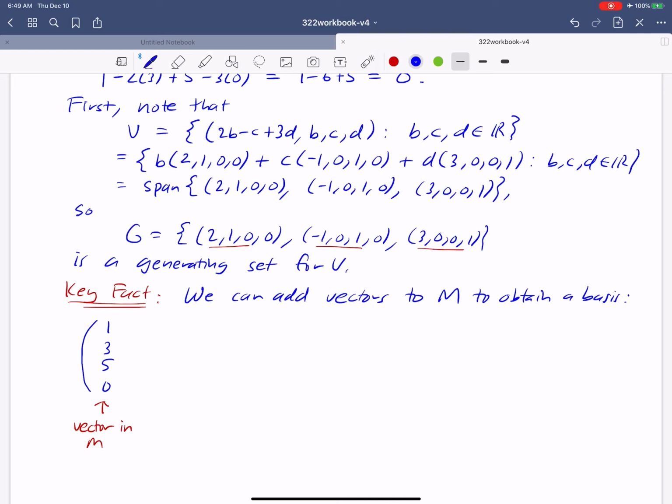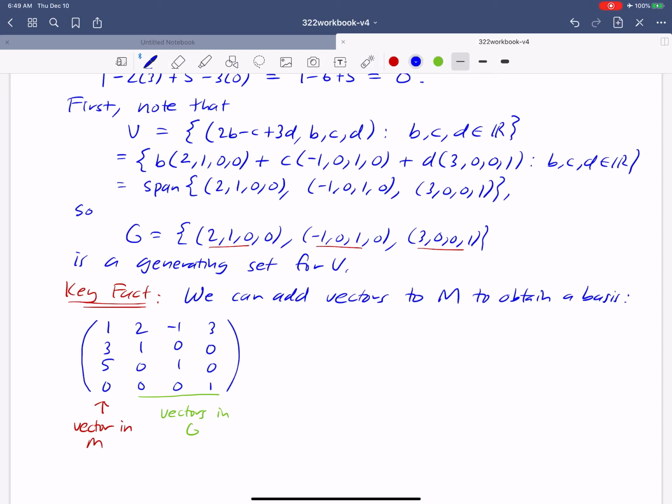So we'll write those down one by one: (2, 1, 0, 0), (-1, 0, 1, 0), and (3, 0, 0, 1). And notice, just to mark this, those last three vectors are the vectors that are in G.